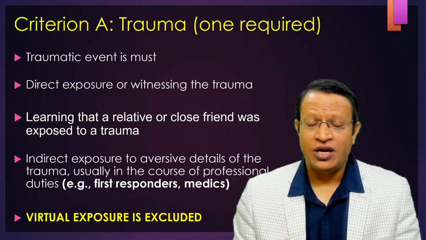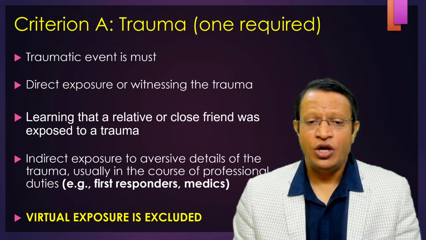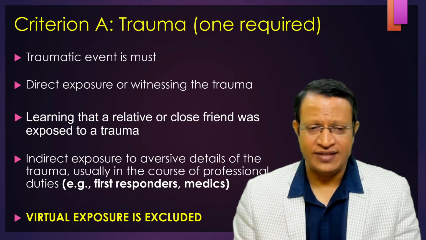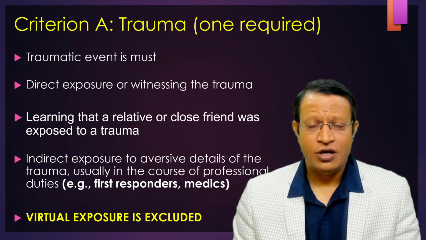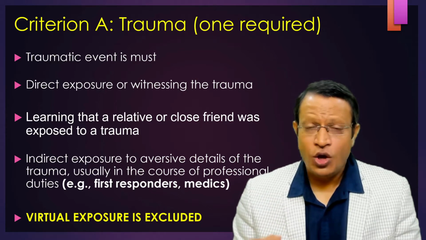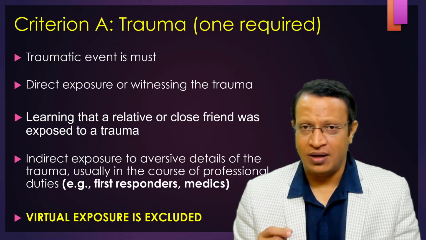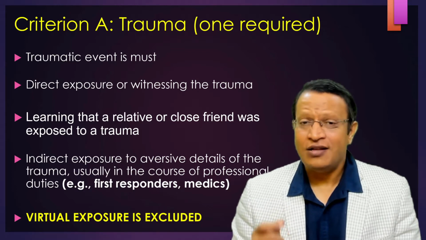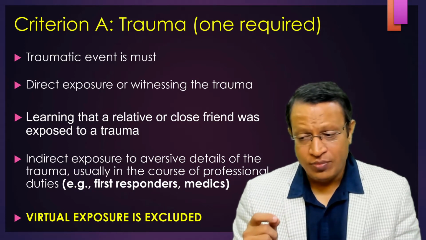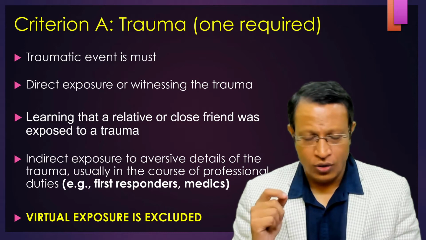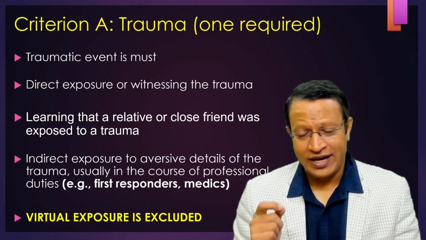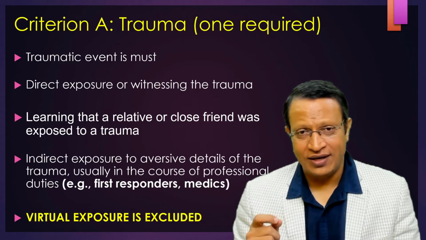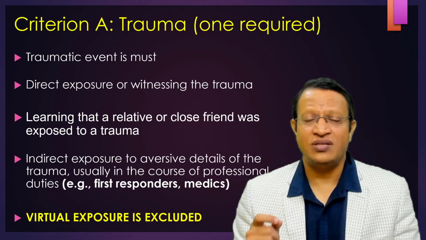Indirect exposure to aversive details of the trauma, usually in the course of professional duties, such as first responders, medics, doctors, nurses, who are indirectly exposed to trauma by looking at dead bodies or listening to the narration. For them also, PTSD diagnosis is allowed. That means first responders, if they are exposed indirectly to the traumatic event, can have a PTSD diagnosis entertained.